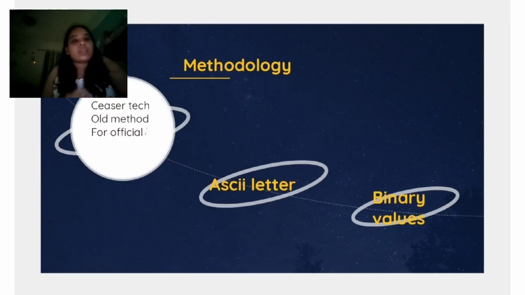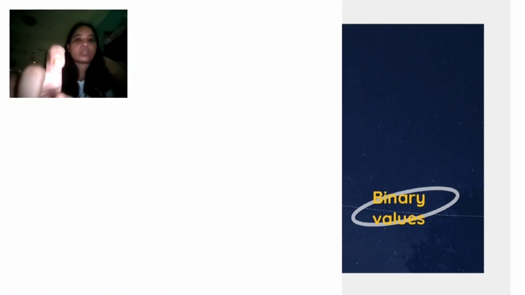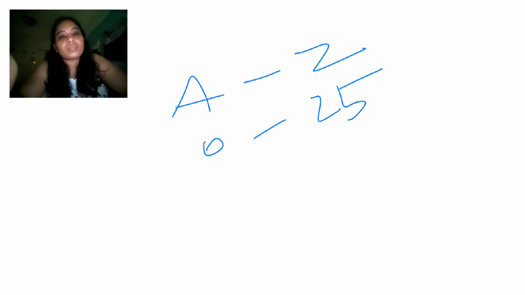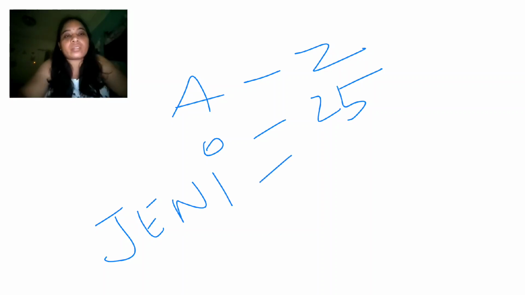Here I can show another example for this Julius Caesar technique. We are going to take the alphabet from A to Z. How many values? 0 to 25, right? For example, a simple word: my name is Jenny. How many letters? Jenny, only 4 letters.